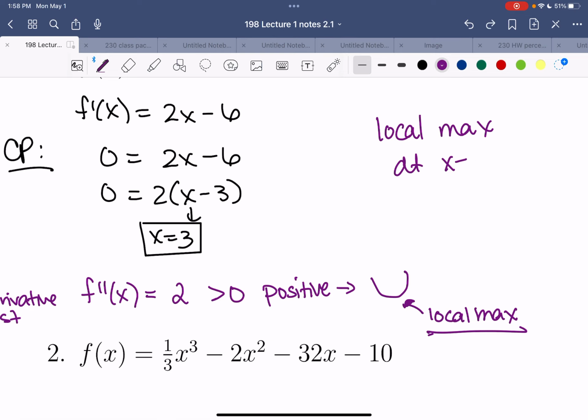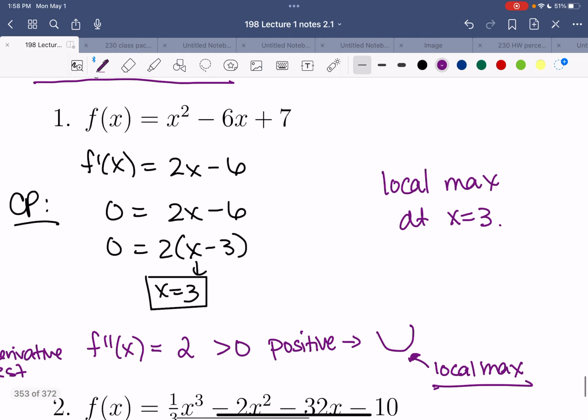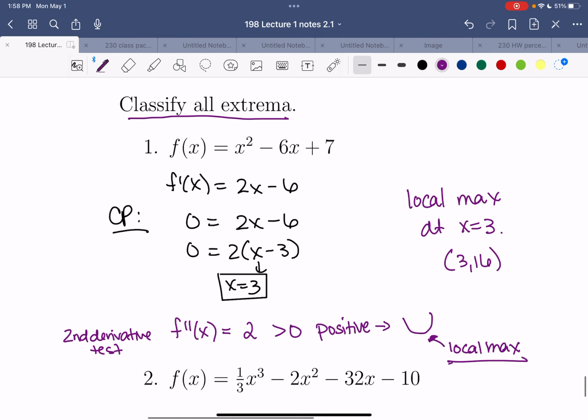If we wanted the y value or the point there, we could plug our 3 back into the original, and that would be 9 minus 18 plus 7, so you're looking at negative 2 there. So (3, negative 2) is your min point. That's an example of the second derivative test. Whenever I have easy polynomials, I'm always going to take the second derivative, plug in my critical point, and determine whether it's a local max or a local min.